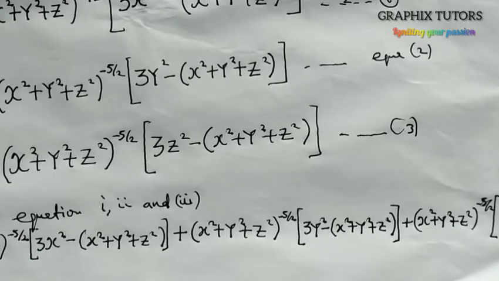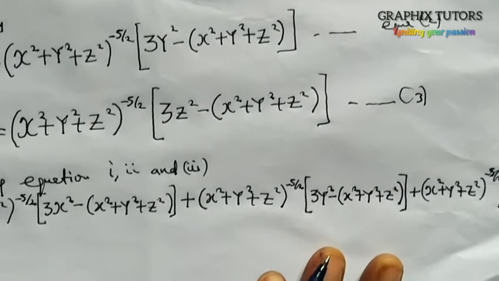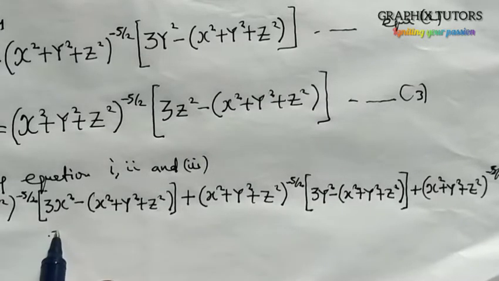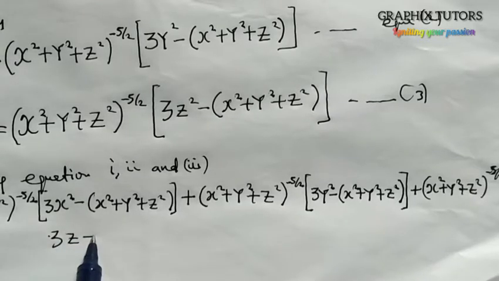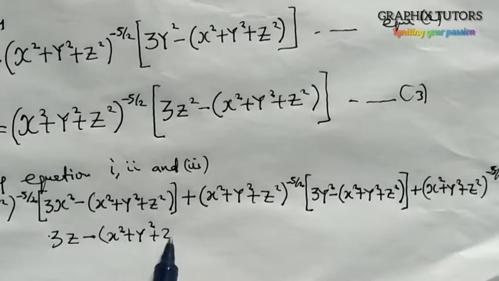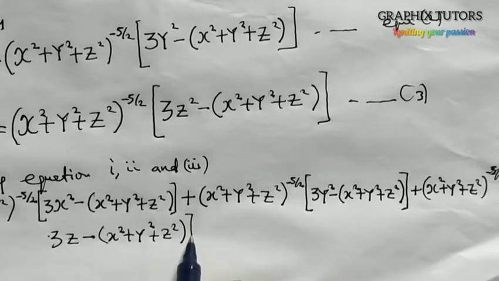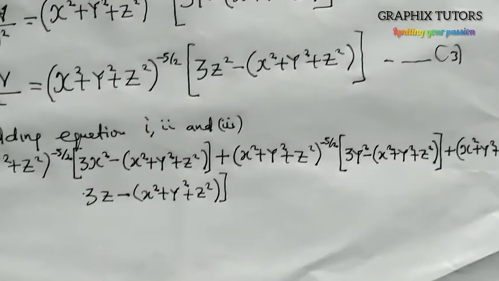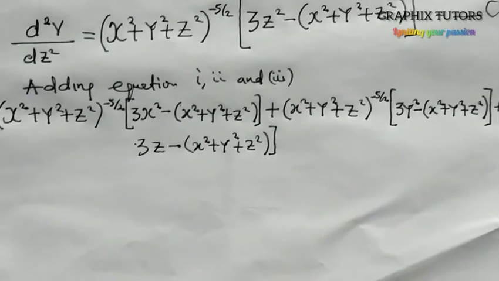If you open the bracket, we have 3z square minus x square plus y square plus z square. I close it up, right? So that's what we have there. And we're adding everything together, so they must give us 0.